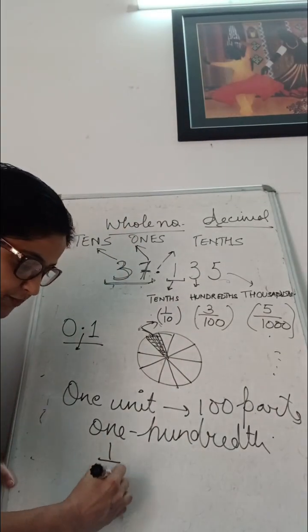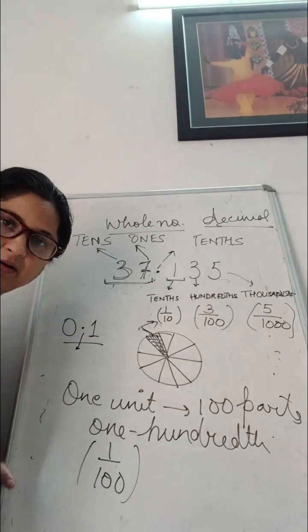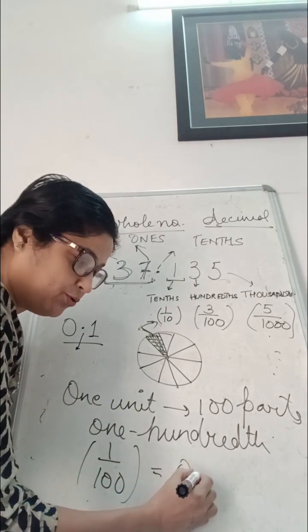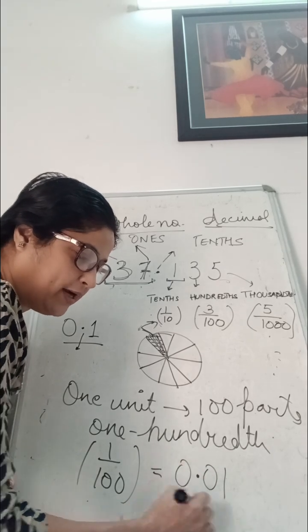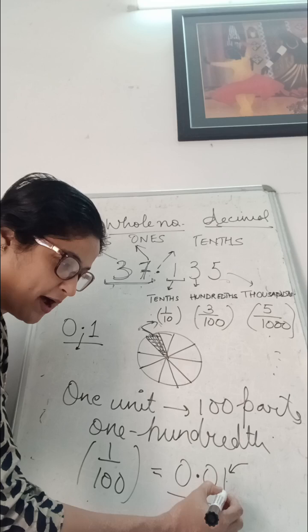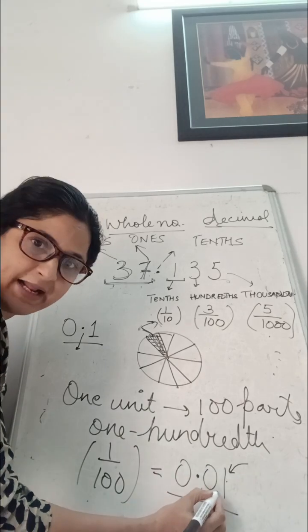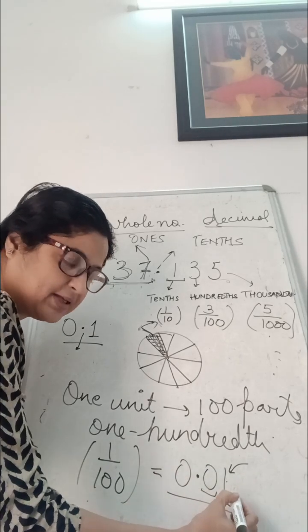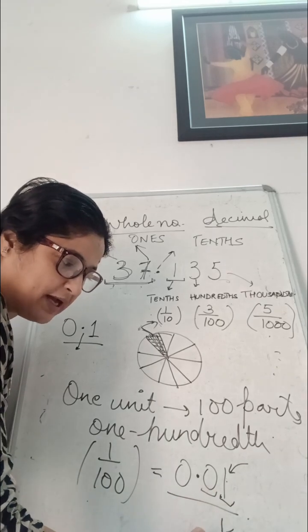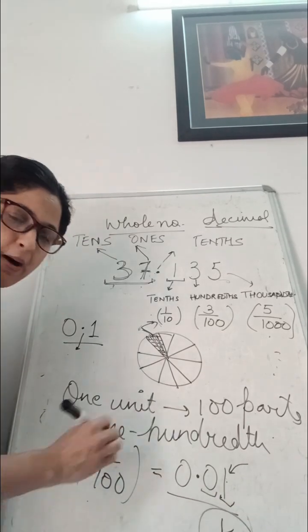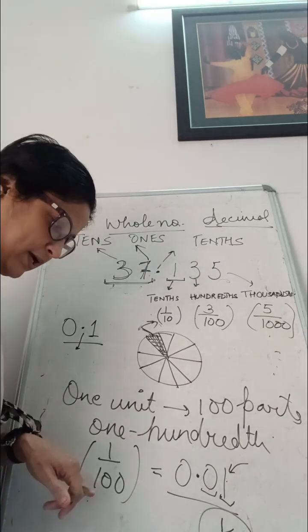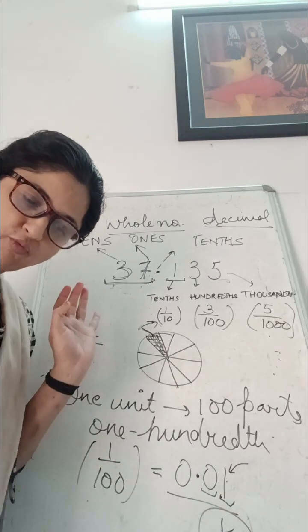So that means 1 upon 100. और this is in the fractional part. अगर मैं इसको decimal part में लिखूंगी तो this will become 0.01. That means the first one that I explained, this is the tenths place, this is the hundredths place, the next digit will be at the thousandths place. So this is showing 1 out of 100 parts. So hundredth of a unit, and the decimal notation is 0.01.